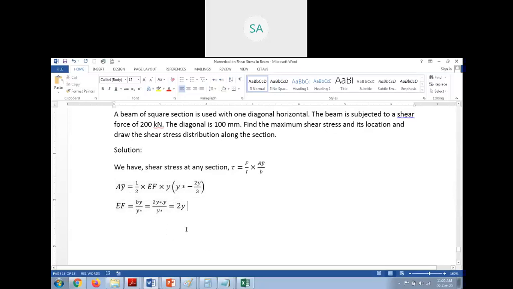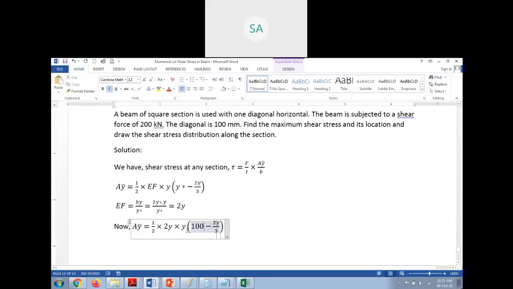So now let me just copy this again. A Y bar is equal to half into EF. EF is 2Y into Y star, which is 100, right, minus 2Y by 3, correct?